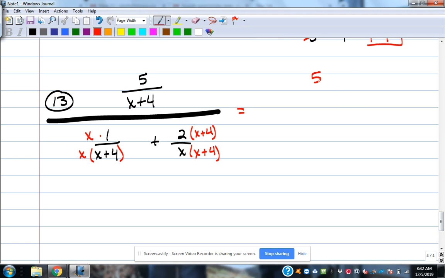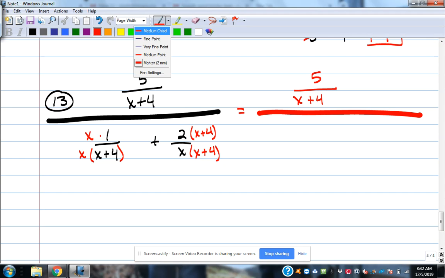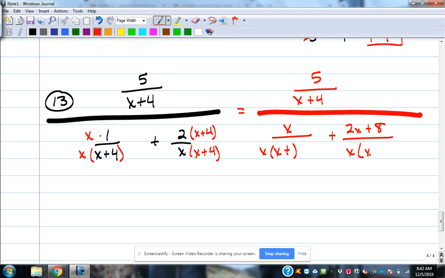So we got 5 over x plus 4 over x over x plus 4, plus 2x plus 8 over x plus 4.